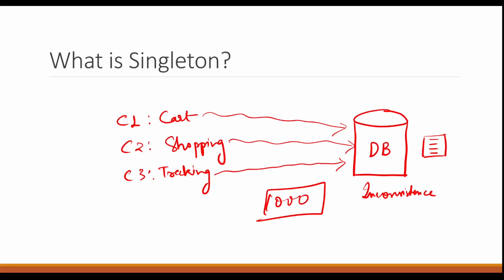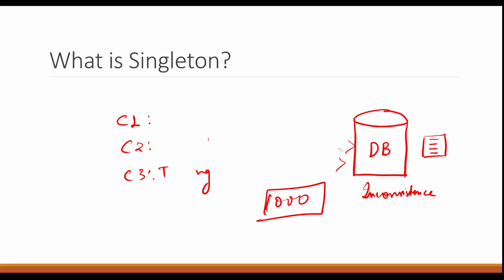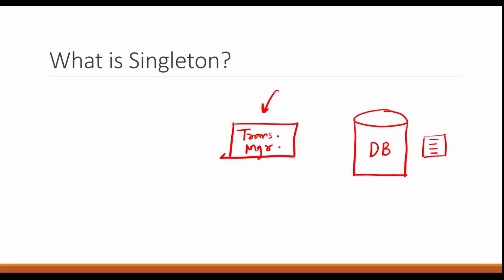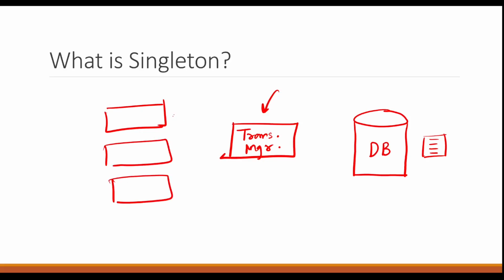I don't know exactly the internals of the database, but this is definitely not an efficient way of communicating with the database. So what you think about is removing these three connections and having just one connection to that database. Then you go ahead and write one programming logic, which is, let's call it a transaction manager. This is a component that is going to help your three features on your app connect with the transaction manager for their database needs.